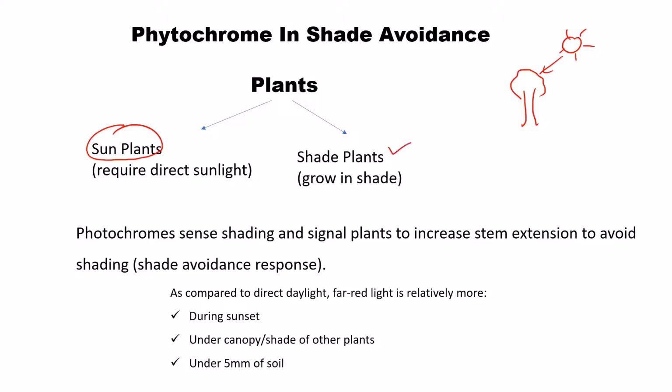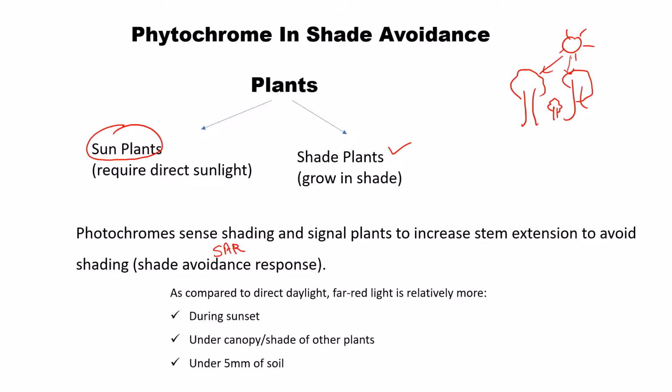Shade plants grow under shade and do not require direct sunlight. And this phytochrome will sense shading and signal plants to increase stem extension to avoid shading. That is known as shade avoidance response.